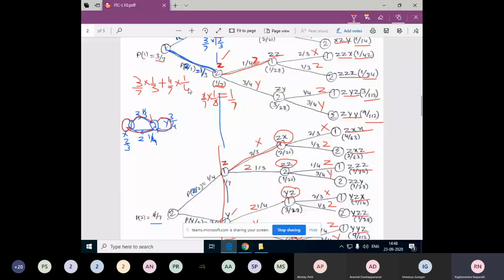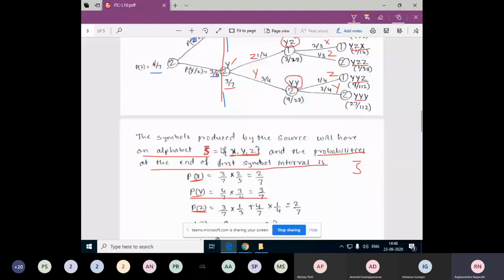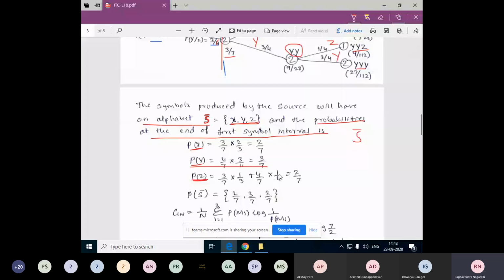Here the 3s cancel each other, here the 4s cancel each other, so 1 by 7 plus 1 by 7, which is 2 by 7. So P of Z is equal to 3 by 7 into 1 by 3 plus 4 by 7 into 1 by 4, which gives 2 by 7.